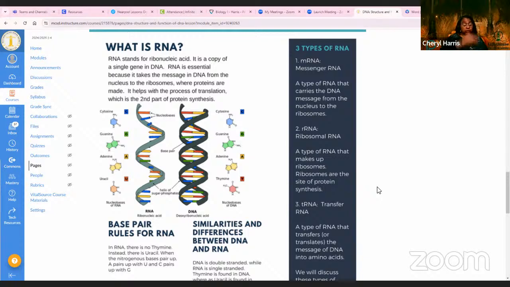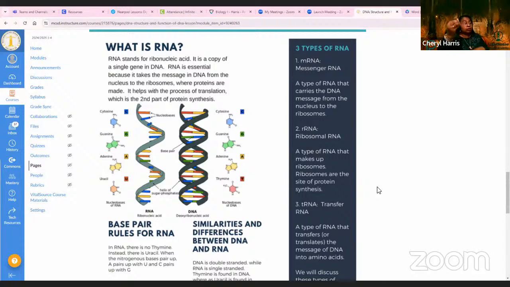the ribosome. So again, earlier we studied what all the parts of the cell do. The ribosomes make protein. So that's going to be our major destination. When we leave the nucleus, we're headed to the ribosomes because that's where we're going to make the protein. So the job of the DNA is to code for protein synthesis.